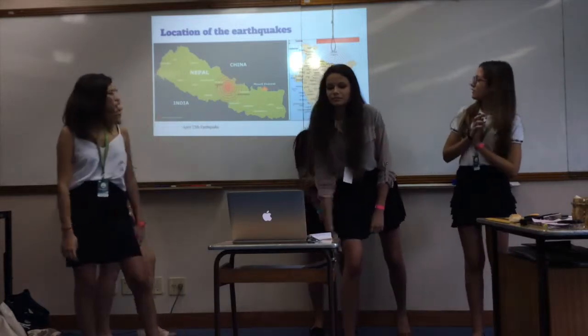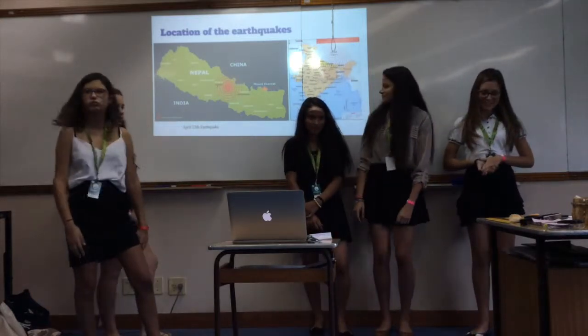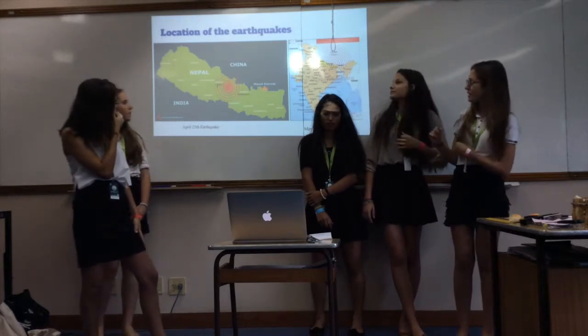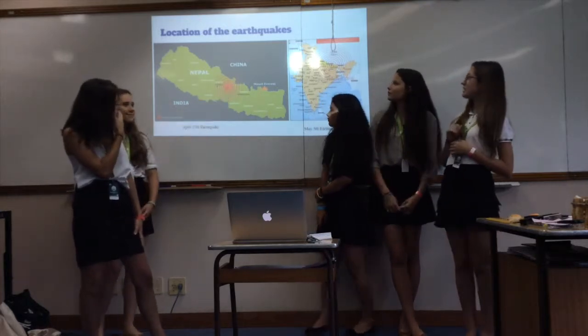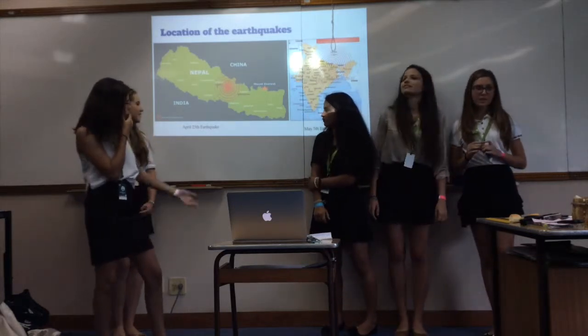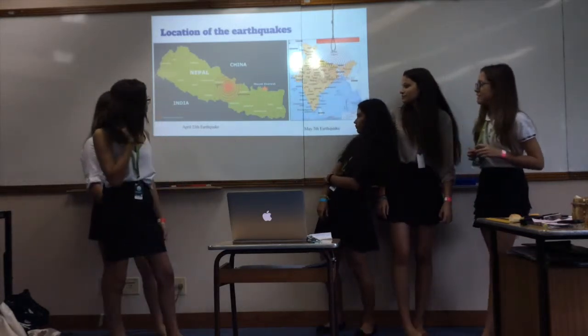Now we're going to show you the localization of the earthquakes. The first one happened in that red spot over there, and the second one happened in here. The first one was on April 25th, and the second one was on May 5th.